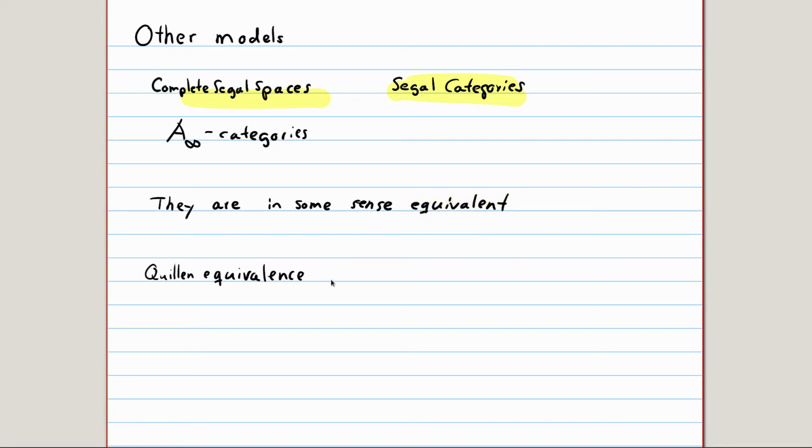If you want to read more about this, you should learn about Quillen equivalences, which is a really nice topic.